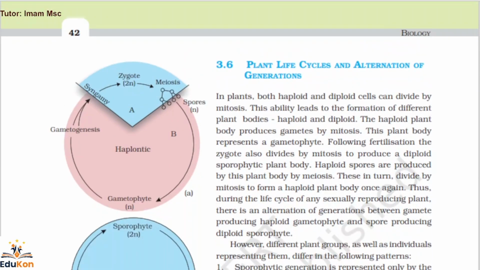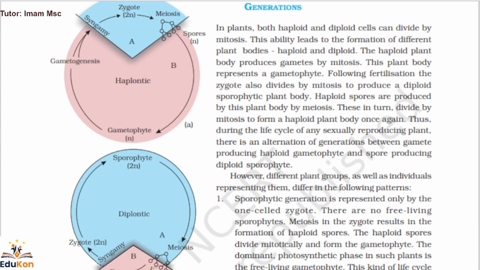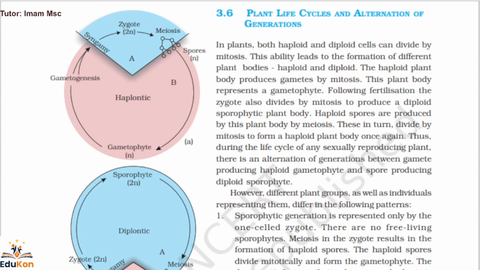So again, how can we expect questions from these sections? First we need to remember what is haploid. For example, coming to the haplontic life cycle, a question may come like, choose the correct options regarding the haplontic life cycle.